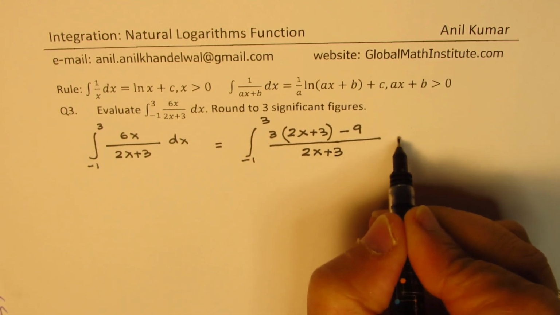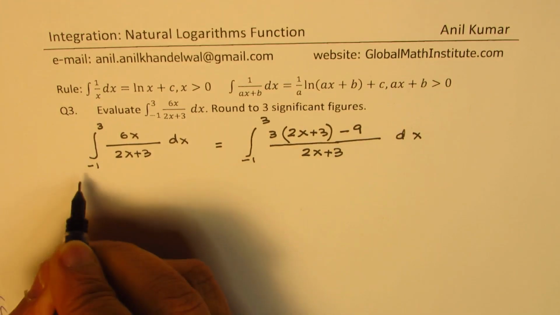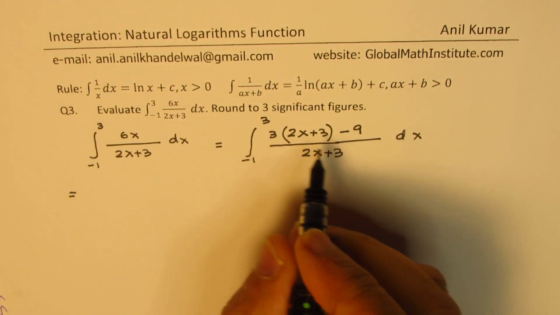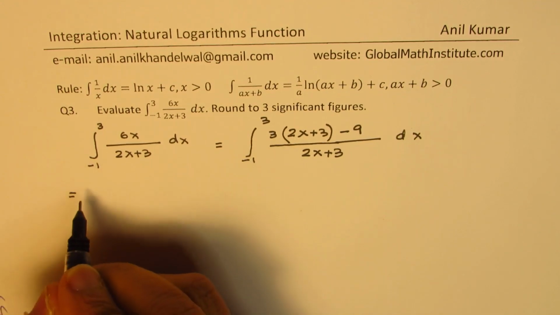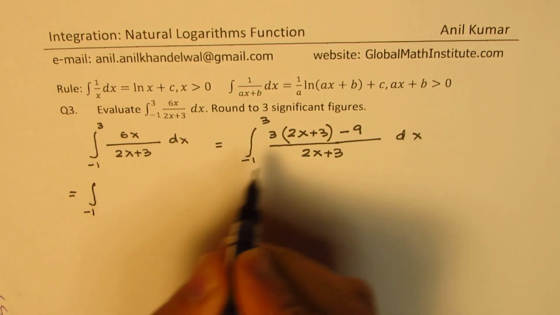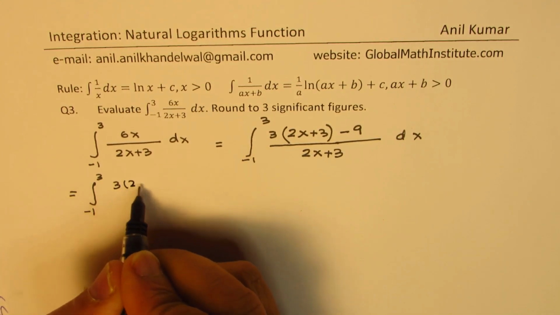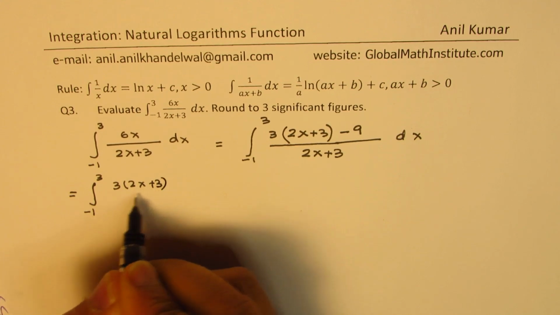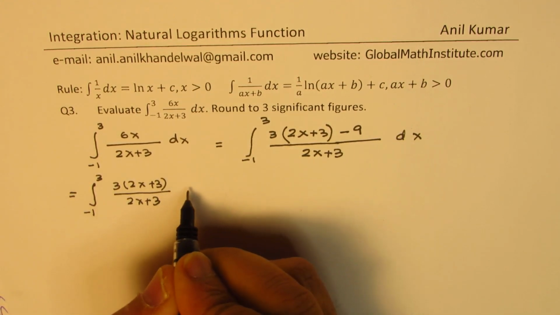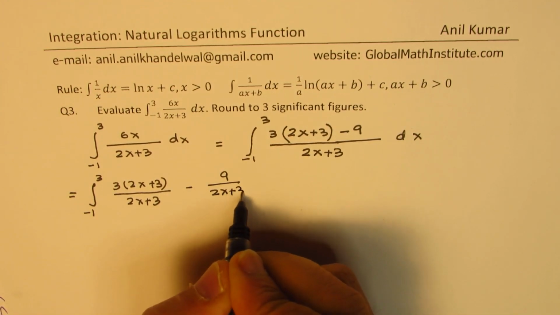Now this really helps to write this as a sum of two fractions, two rational functions. So what we have here is the integral from minus 1 to 3 of 3 times 2x plus 3 over 2x plus 3, minus 9 over 2x plus 3, dx.